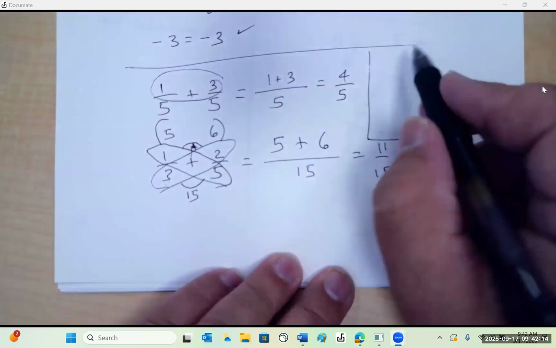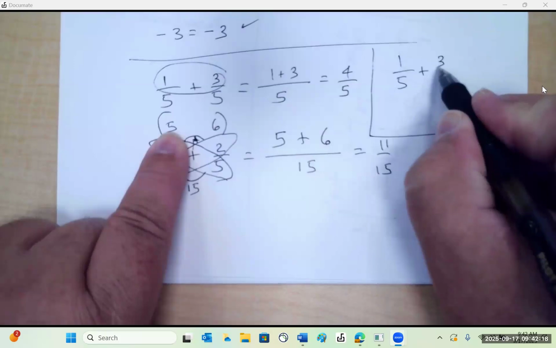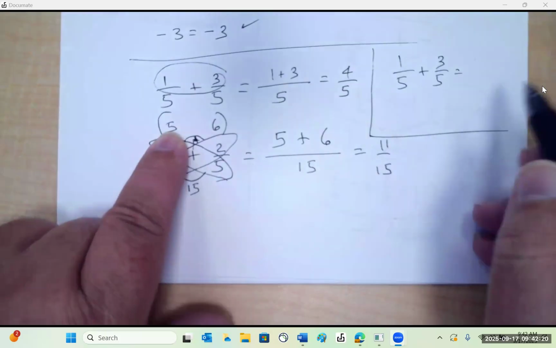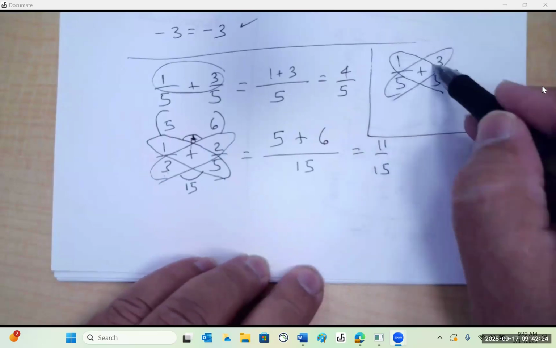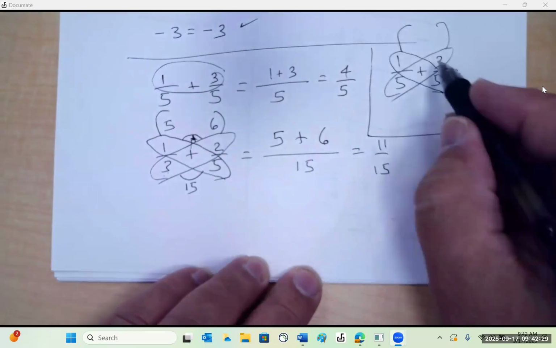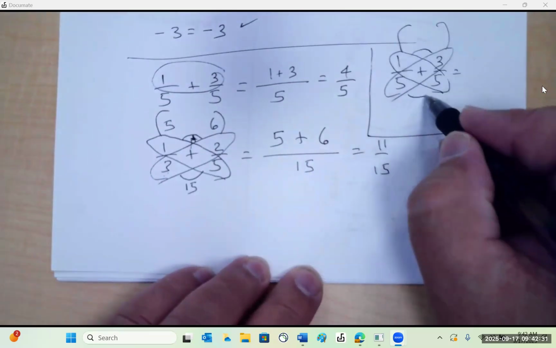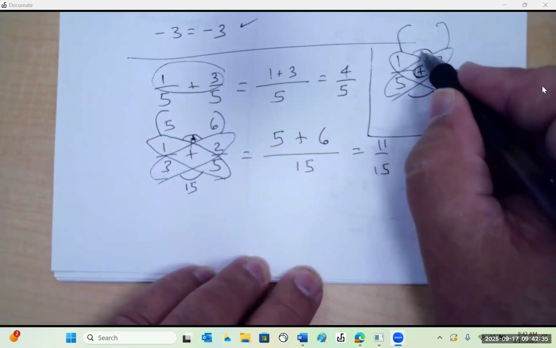Let's test it on this one again. 1/5 plus 3/5. Using the butterfly method. So whatever sign is here goes in the middle.